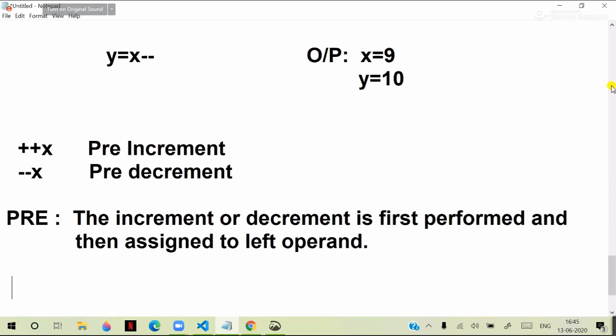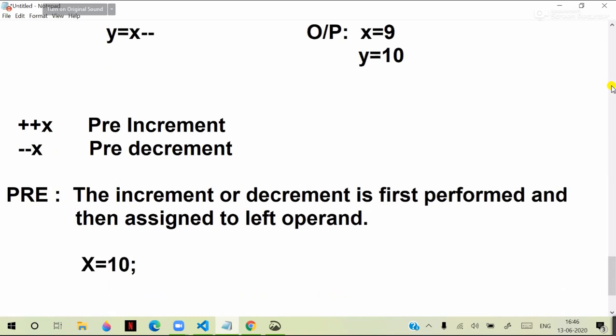Due to that, now X equals 10 and Y equals ++X. The output will be X value 11 and Y value also 11 only.